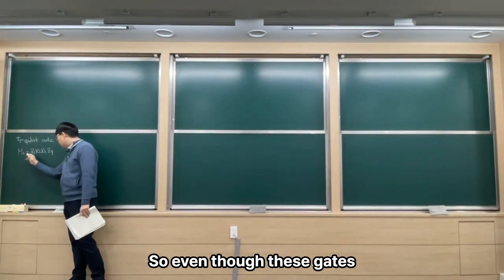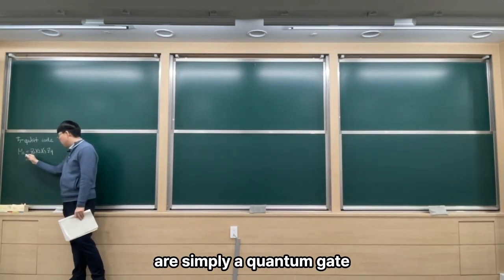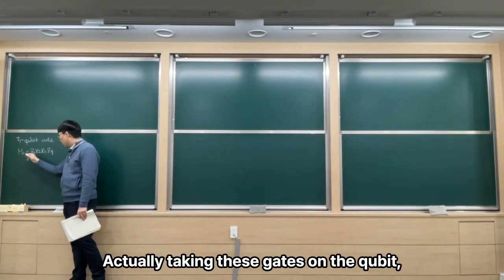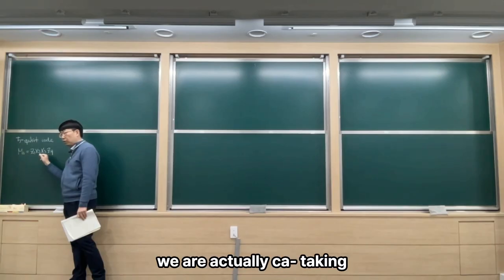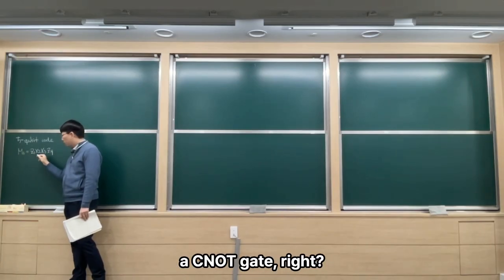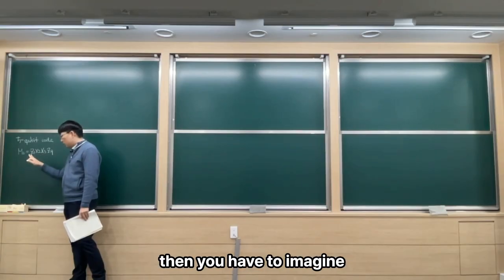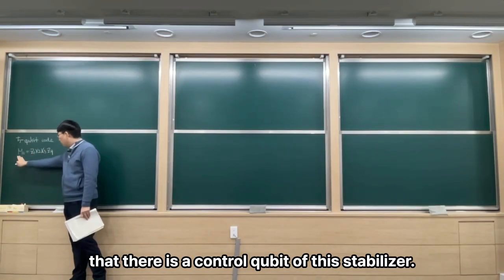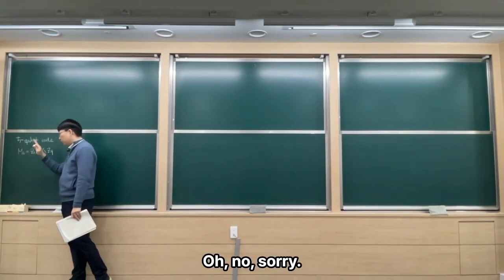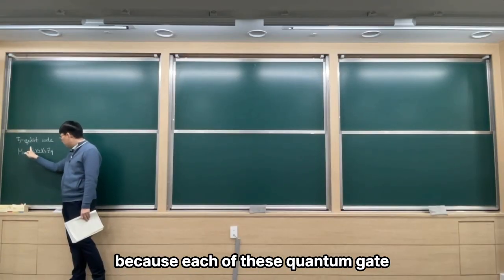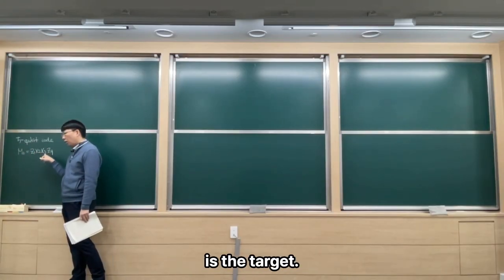Even though these gates are simply quantum gates acting on a single quantum bit, we're not actually applying these gates directly on the qubit. We're actually applying controlled gates, right? So whenever you see a stabilizer like this, you have to imagine that there is a control qubit for this stabilizer, because each of these quantum gates is applied to a target.